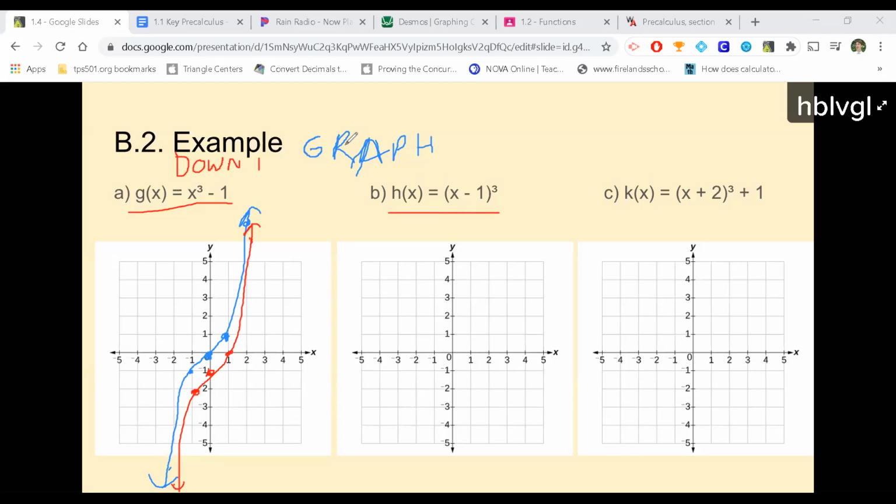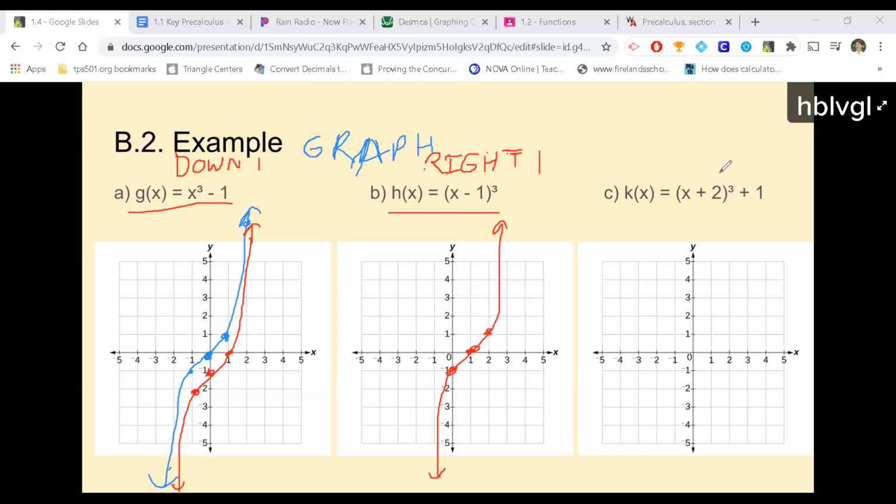This one, because the -1 is inside the function, makes it go right 1, not left 1. Remember, it's the opposite sign of what you would think. So I'll just slide this to the right from my blue parent function. What about this one?